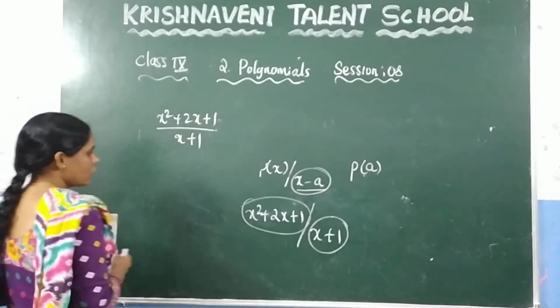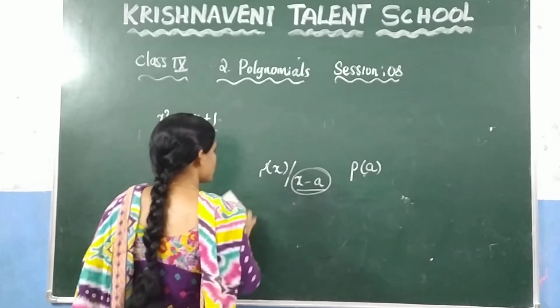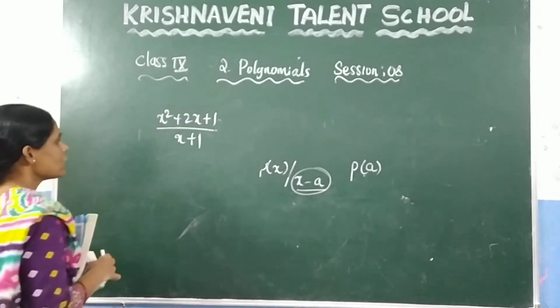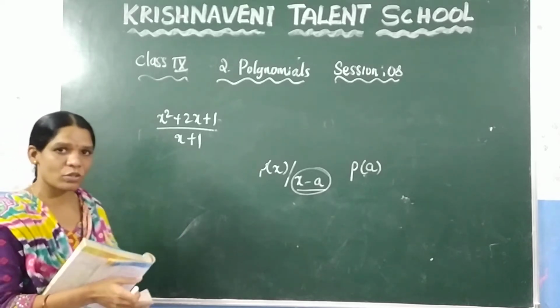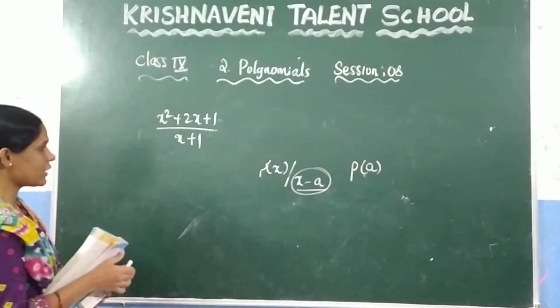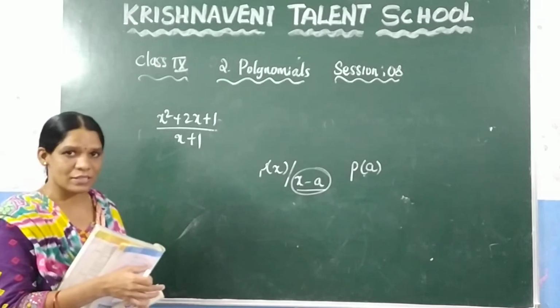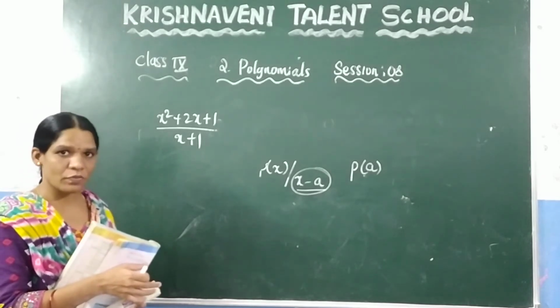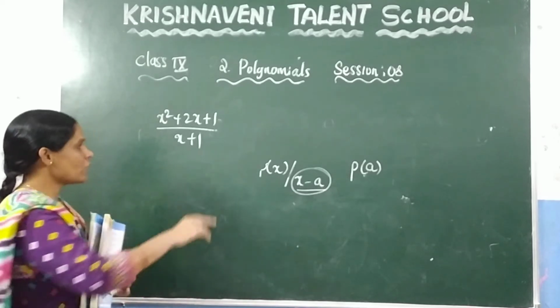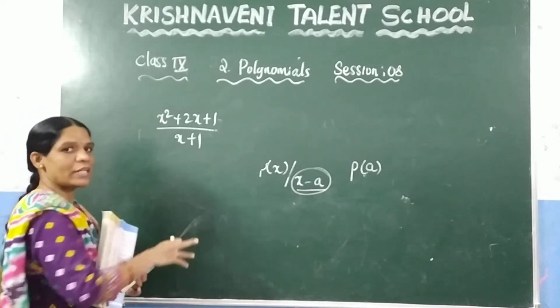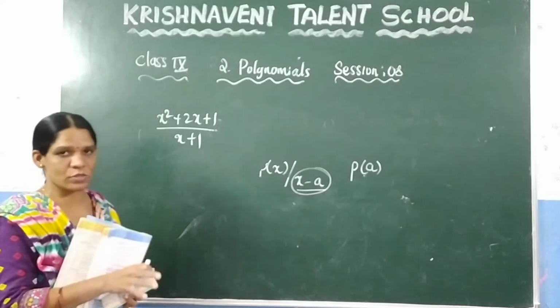If you want to find the remainder, you just need to find the zero of the divisor. How do you find the zero of the divisor? We already discussed before the exercises. If you want to find the zero of the polynomial, you just need to equate it to 0, or otherwise, find which value you need to keep here so that you are getting the result as 0. In any of the ways you can find it.